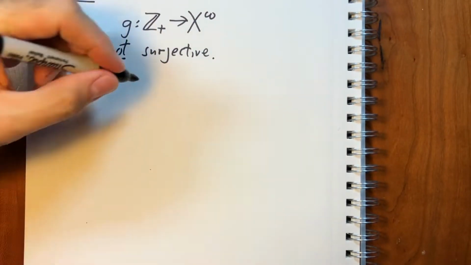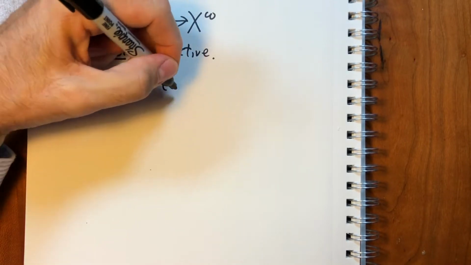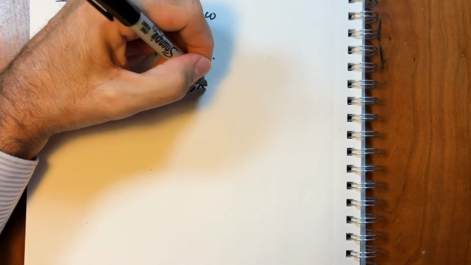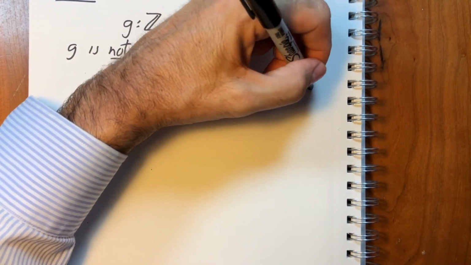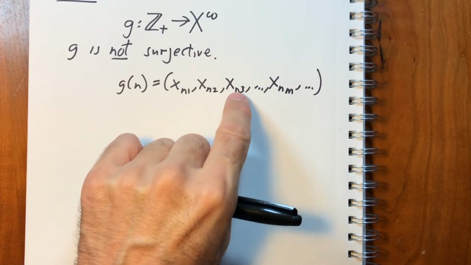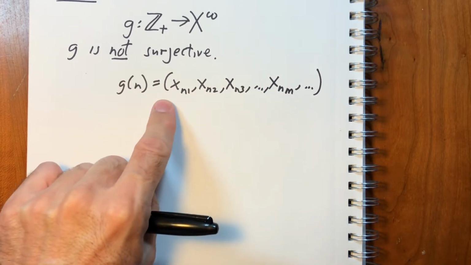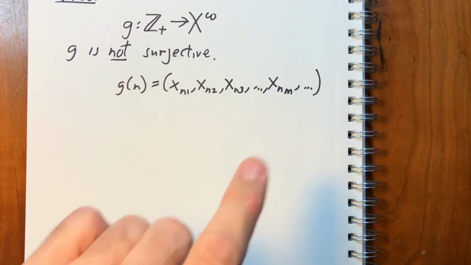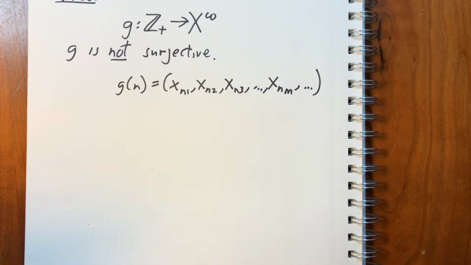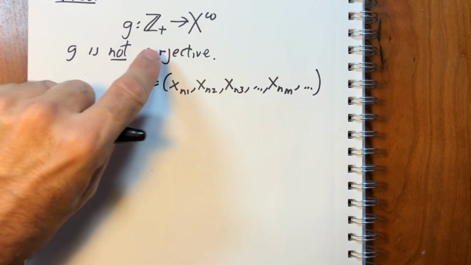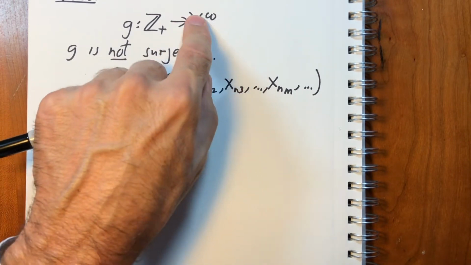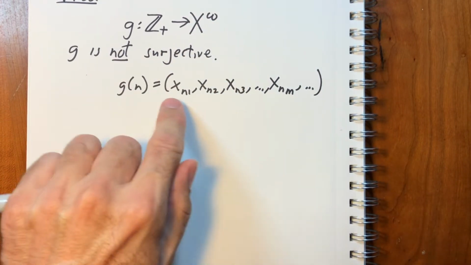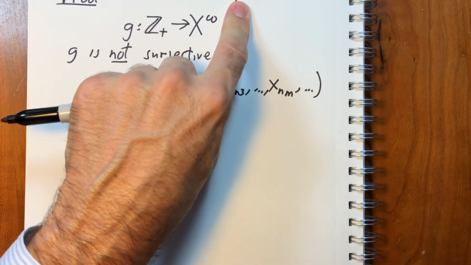So let's denote g(n) like this. Each value of g(n) is x_n1, x_n2, x_n3, and so on up to infinity. Each one of these is either 0 or 1, because each one is an element of {0, 1}. Remember that each value of g is an element of this set, and this set is an omega tuple of elements from X, right?